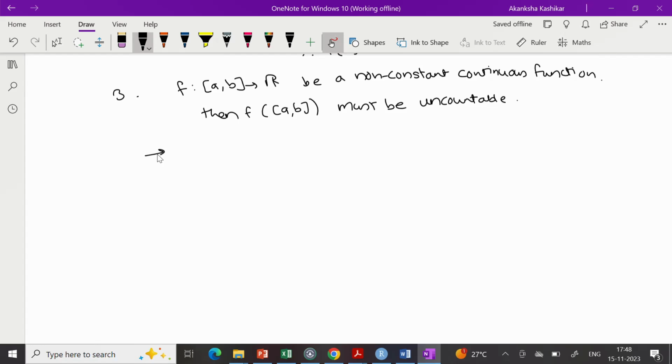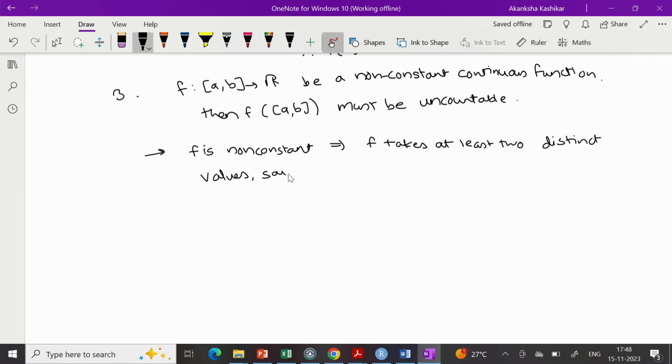Again, we are saying that it is a non-constant function. So it takes at least two distinct values. So f non-constant implies f takes at least two distinct values, say y1 and y2.